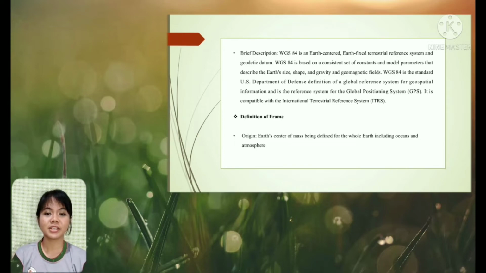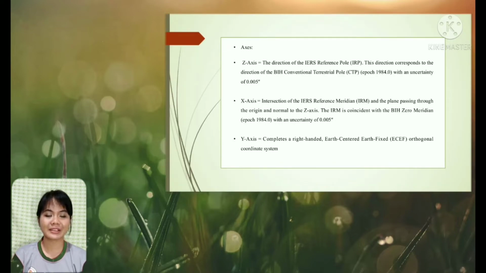Now, let me discuss the definition of the frame of the WGS-84. The origin is Earth's center of mass, being defined for the whole Earth, including oceans and atmosphere. There are three axes. The z-axis, first in line, is the direction of the IERS Reference Pole or IRP.